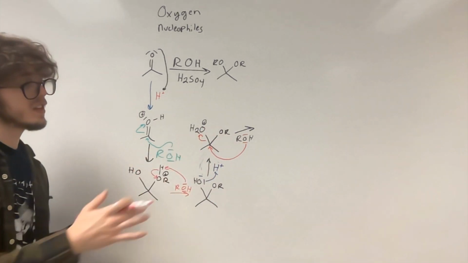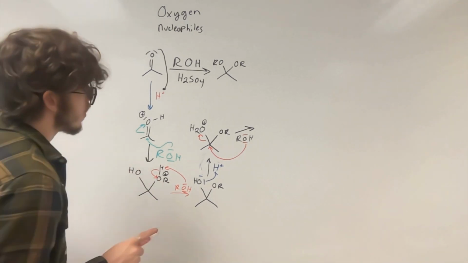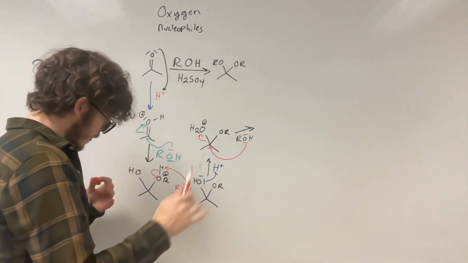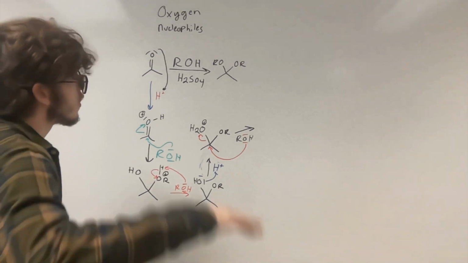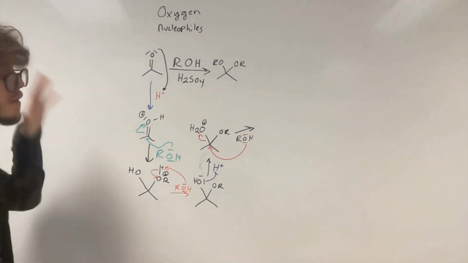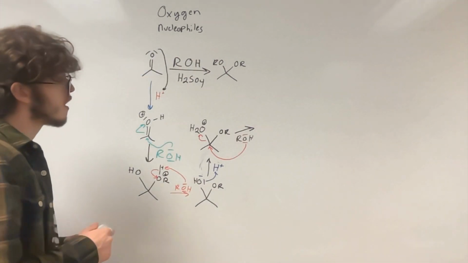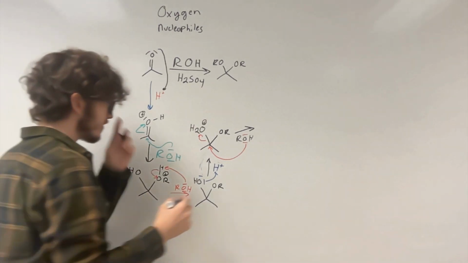Now, granted, this is an equilibrium, right? Water will come right back and say, no, alcohol, you have a positive charge. Let me back in there. But for the simplicity of following the mechanism, we're going to show it as kind of the story here, right? All these reactions happen in equilibrium. It goes forward a couple steps, maybe it falls back a couple steps, right? But at the end, you're going to get your final product.